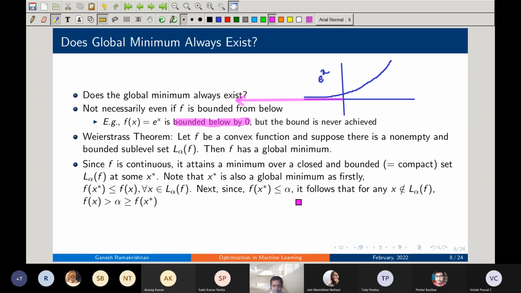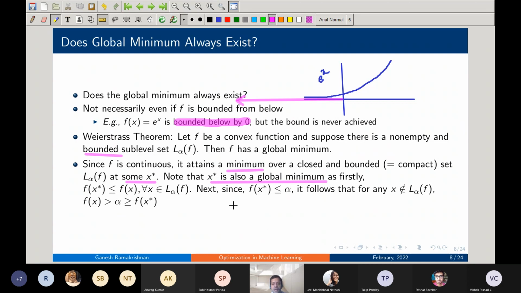And since f of x star is less than or equal to alpha, it follows that for any x which is not in L alpha, it must be that f of x is greater than alpha, which is greater than or equal to f of x star. So if it attains a minimum over the bounded set at some x star, then x star will be a global minimum.